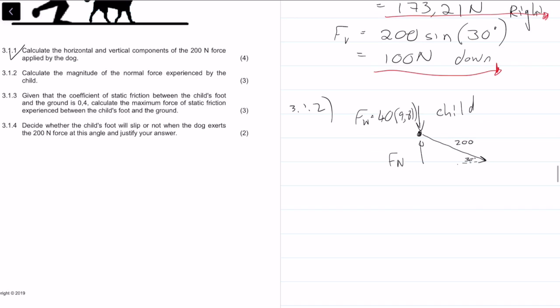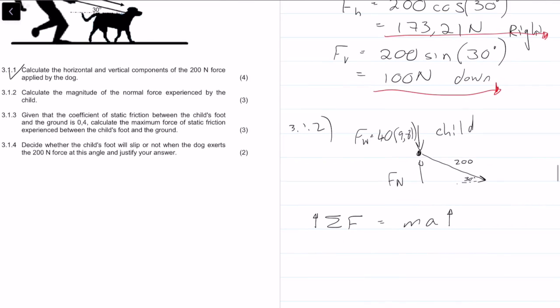Okay, so now what we're going to do is, because we want the normal force, we're going to take the sum of the forces, and I'm going to take up as positive is equal to mass times acceleration, and up is positive, but obviously this kid is not accelerating upwards or downwards, so this is equal to 0.